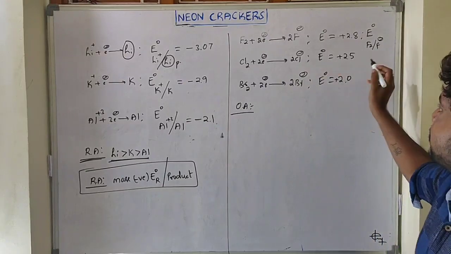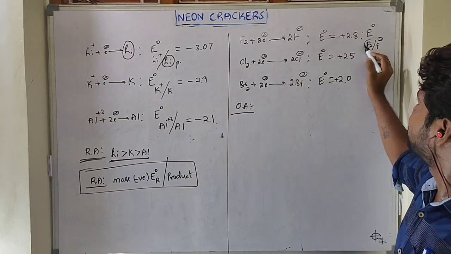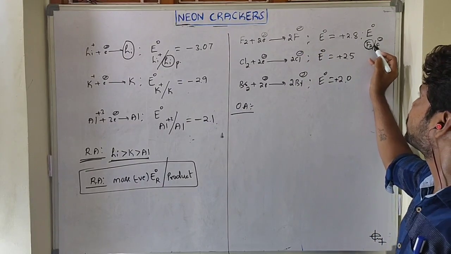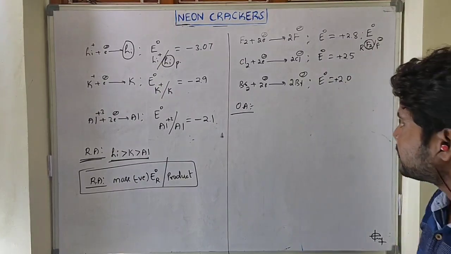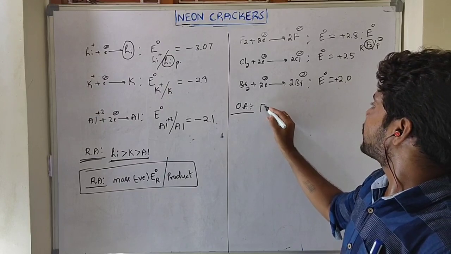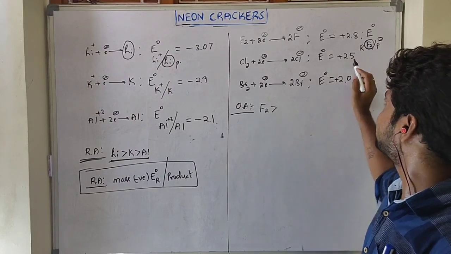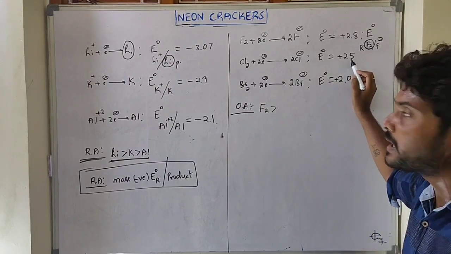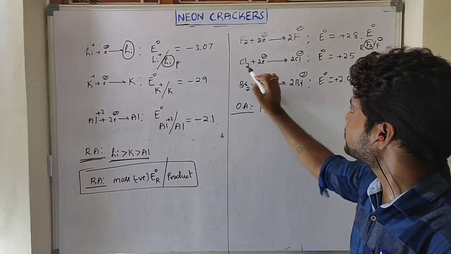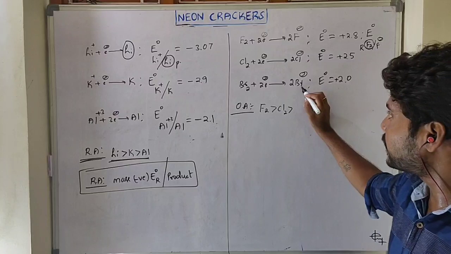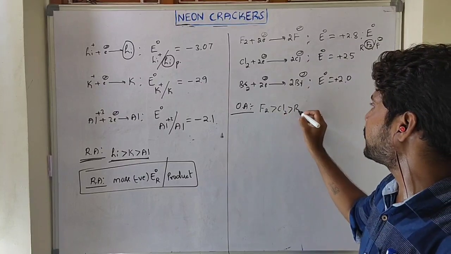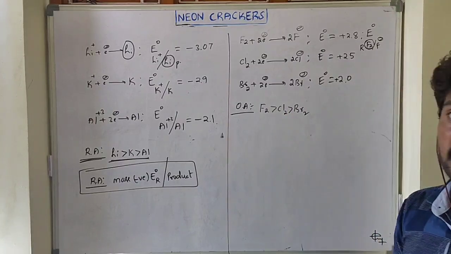Which side do we consider? Here F2 is the reactant, and it is the strongest oxidizing agent. So, reactant or product? Reactant side. Next, the positive value plus 2.5, that too either Cl minus or Cl2: reactant side, Cl2. And the last one, Br minus or Br2: reactant side, Br2. This is the oxidizing agent order.